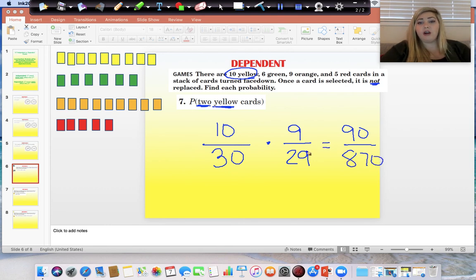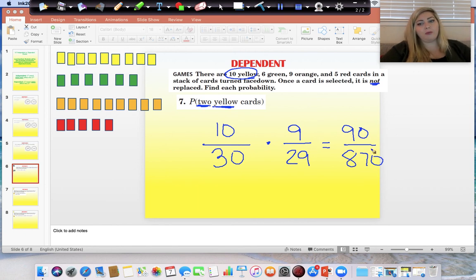Now, these are a lot harder to reduce. And I'm not going to make you guys reduce them all the way. I would like you to attempt to reduce them. But they did say on FSA that you guys would not have to simplify answers. So I'm assuming that this would be sufficient. But if you can see a blatant, very obvious way to reduce, then go ahead and do it.